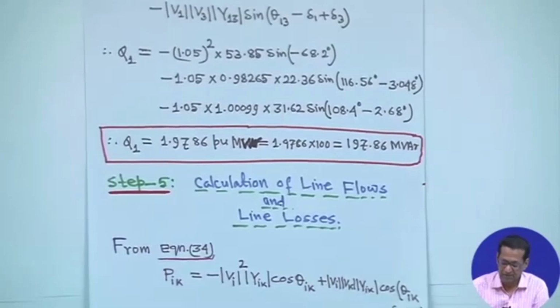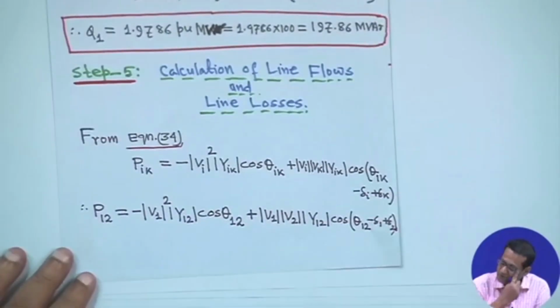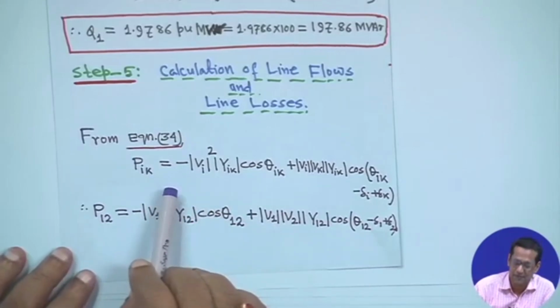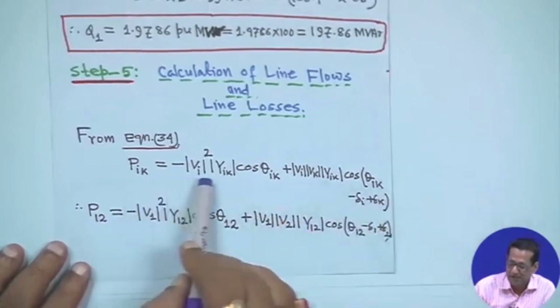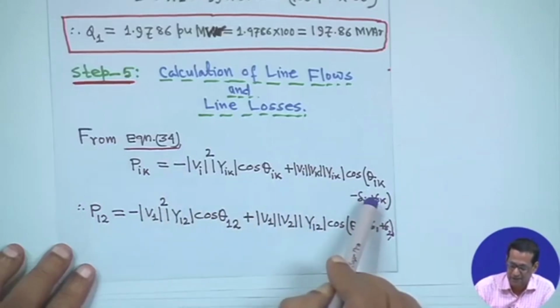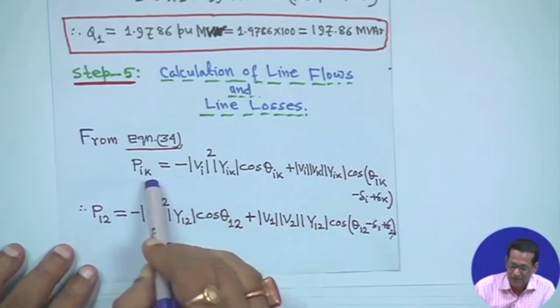Now, again from equation 34, that is the line power flows formula, the P_ik expression we got in equation 34, the same expression we write here. Just put i equal to 1, k equal to 2.